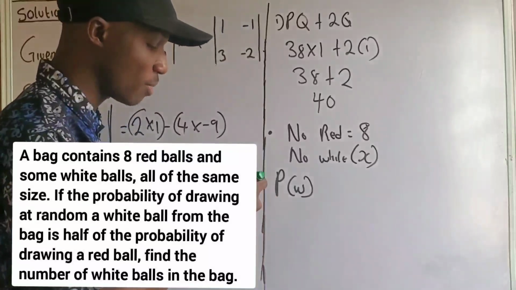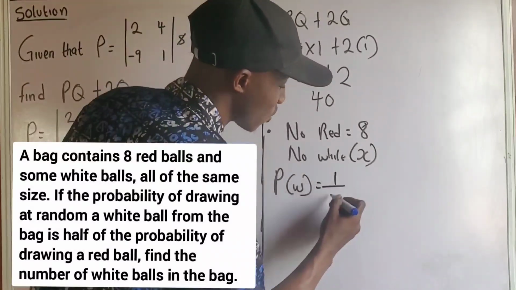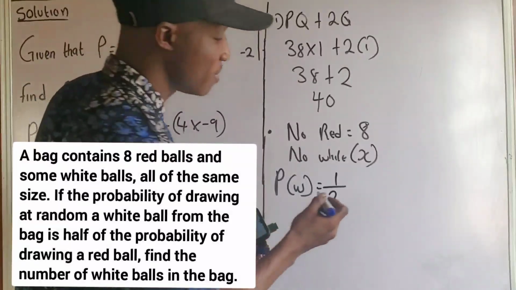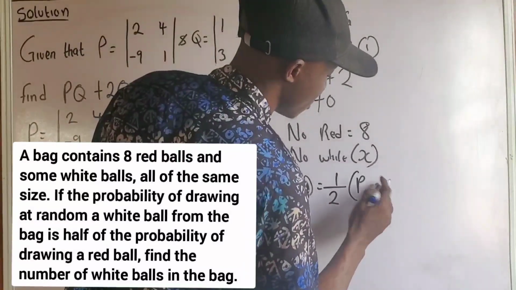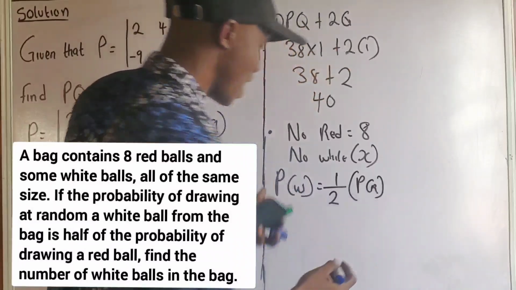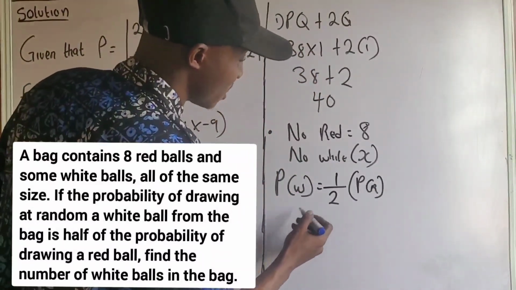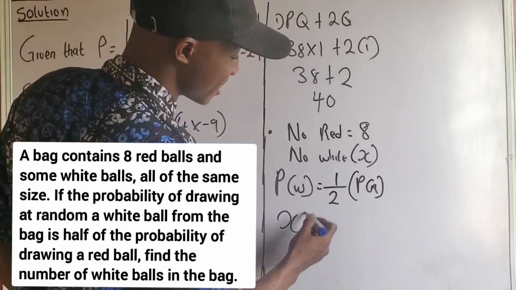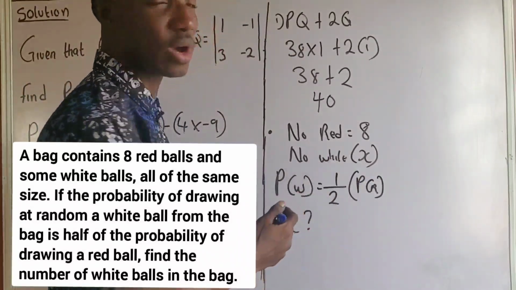Probability of drawing a white ball from the bag equals 1/2 of the probability of drawing a red ball from the bag. We are asked to calculate the number of white balls, so we are looking for x.